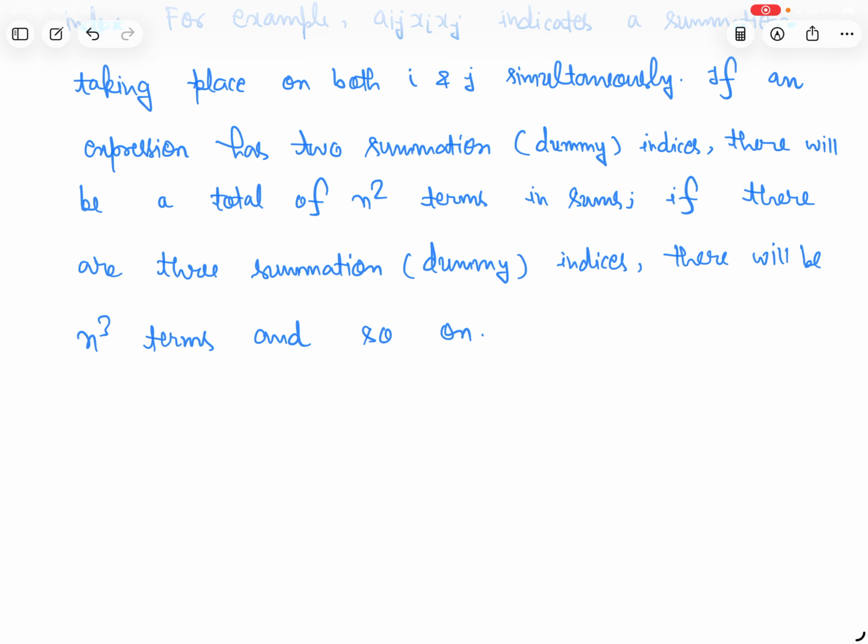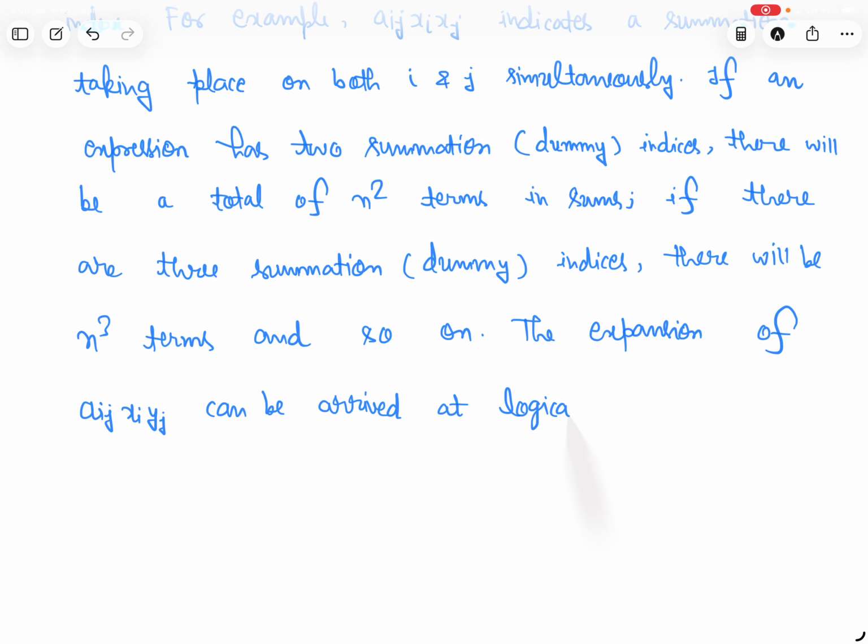Okay, the expansion of Aij xi yj can be arrived at logically by first summing over i, then over j.